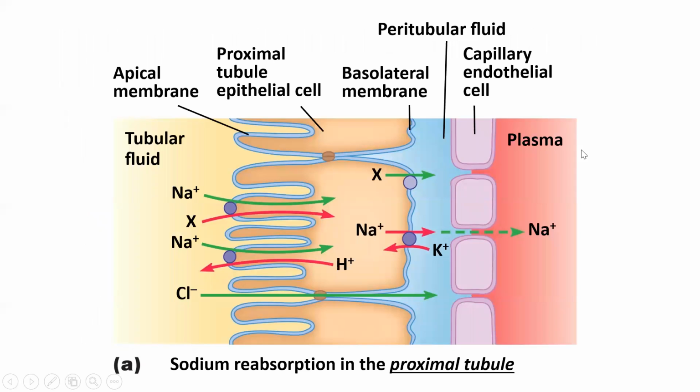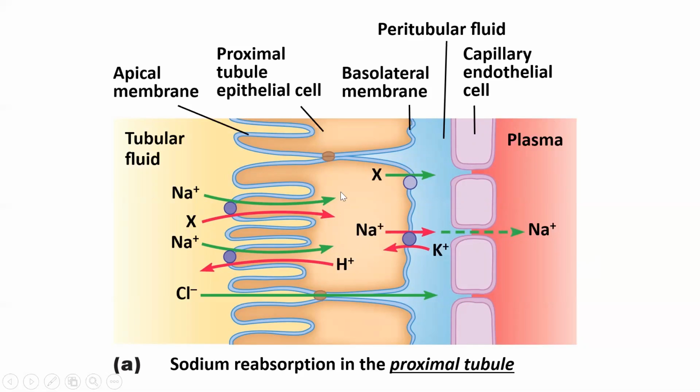Okay, so let's actually describe what this reabsorption mechanism looks like. Just to remind ourselves here, the anatomy: we've got the lumen, where we have tubular fluid, we've got the epithelial cells of the proximal tubule, we've got the peritubular space, and we have the endothelial cells of the capillary, right? And then the plasma. So in order for sodium to be reabsorbed, it's going to be passively moved into the cell, and we know this, right?